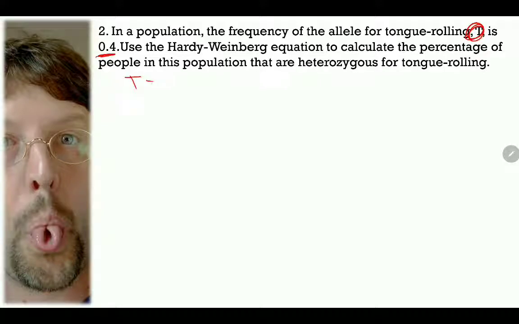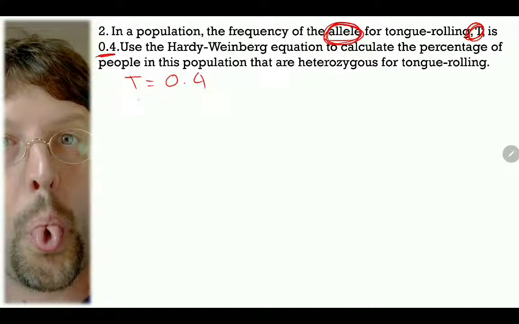So T is equal to 0.4. It's dominant. So we know it's alleles because they've said that it's the actual allele here. And we can see that T is only one version. So it's not a genotype, it's an allele here.